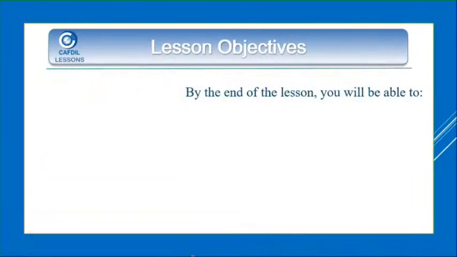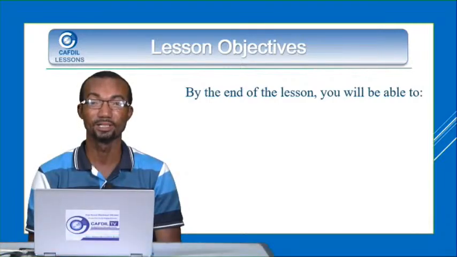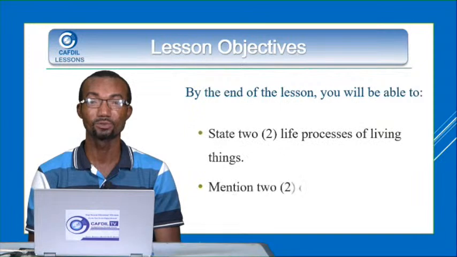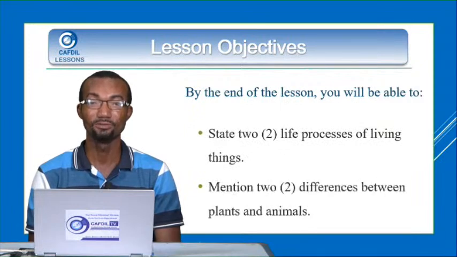Now let's move on to the objectives for today's lesson. By the end of the lesson, you will be able to: 1. State 2 life processes of living things, and 2.